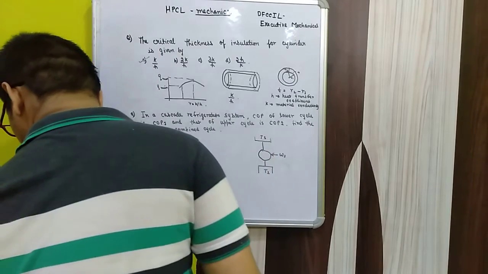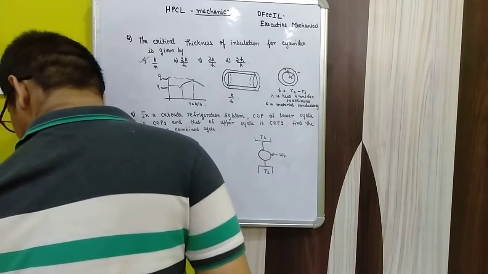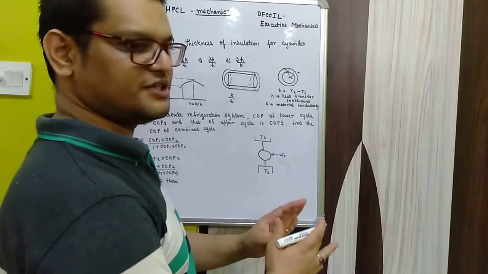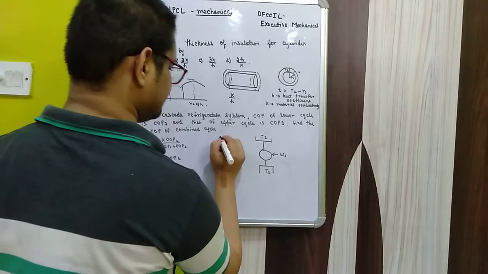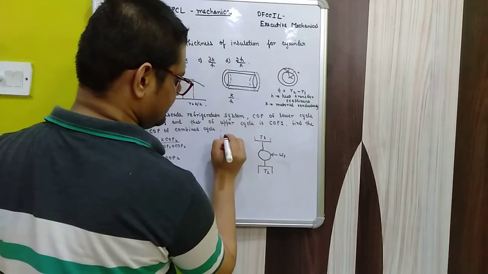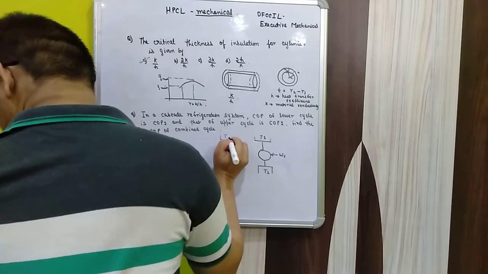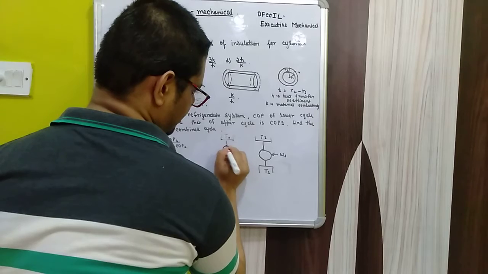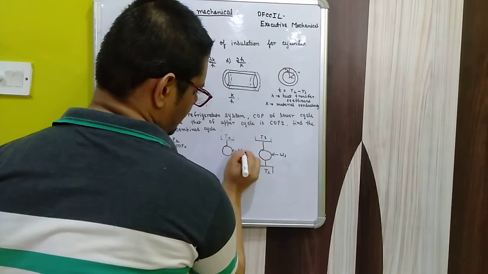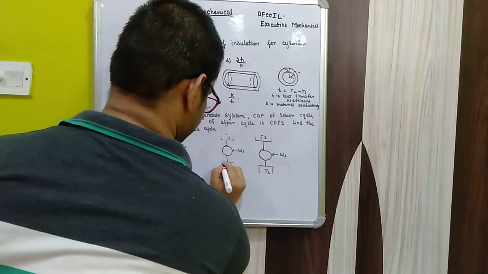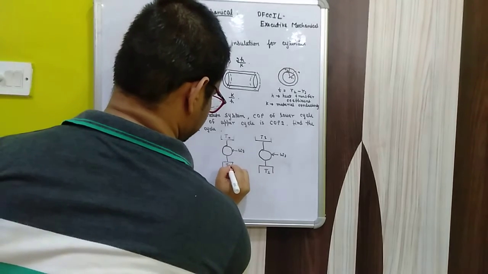If we go to the cascade refrigeration cycle, it combines two coefficients of performance. Here T1 is the temperature of the hot body, then there is another reservoir with W1 and another temperature, this is cascaded.